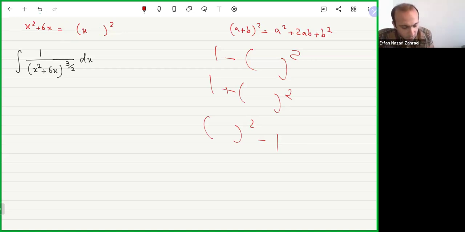So I can guess what should be the first term. It should be something that squared is x squared. What squared is x squared? It's just x. So that's x. Now that I have a, I can find b. What should be the next term? It should be something that twice x times that question mark is this term.